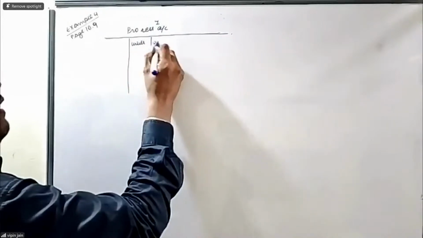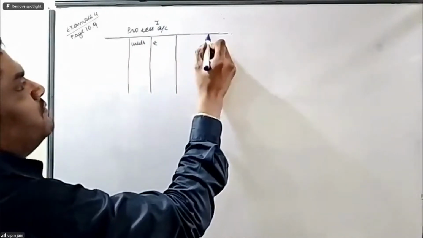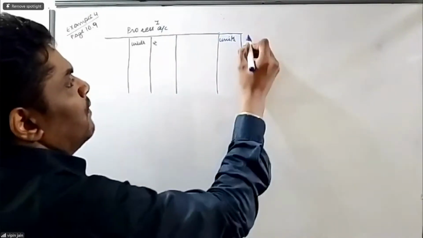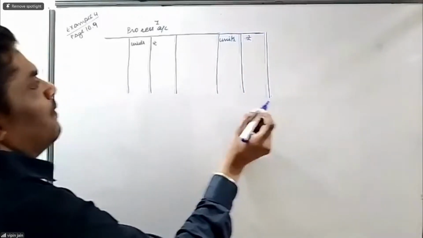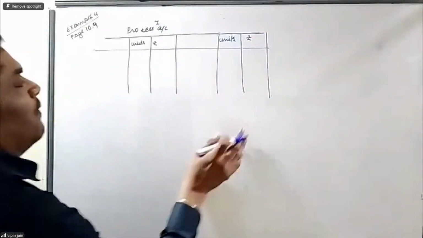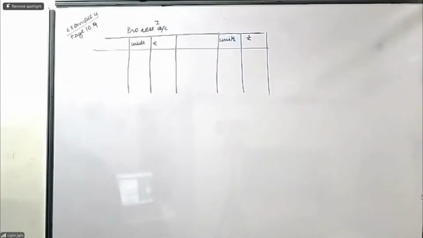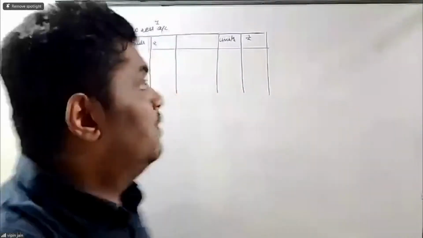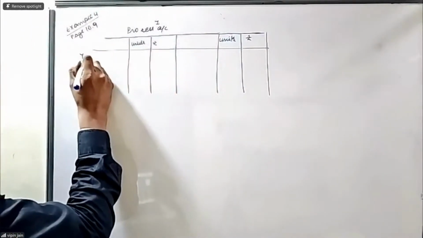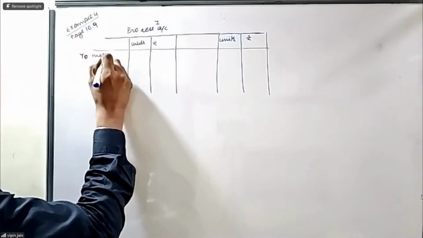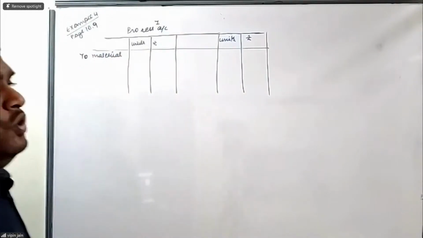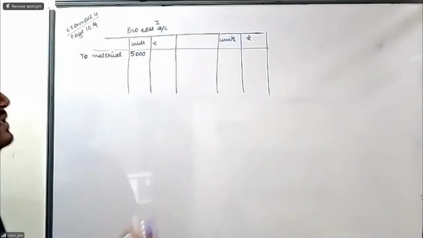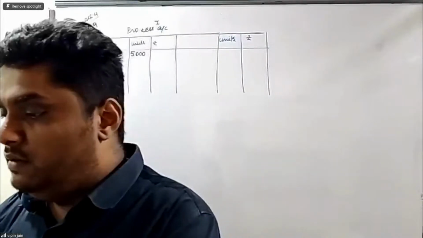Units and amount. To material, 5,000 units, and the value is 40,000.